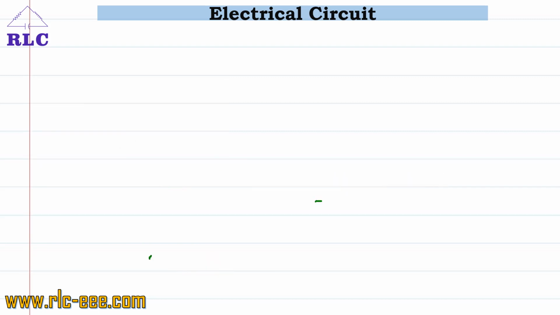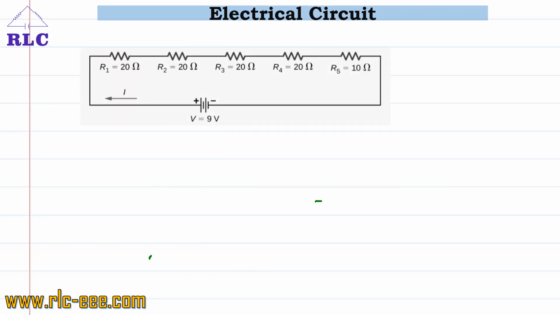Now let's try to solve the problems. Simple problems. You have a circuit where all the resistors are connected in series, and the values given are 20 ohm, 20 ohm and 20 ohm, and the last one is 10 ohm. The voltage is also 9 volts. What you need to find is the equivalent resistance of the circuit, the total resistance.